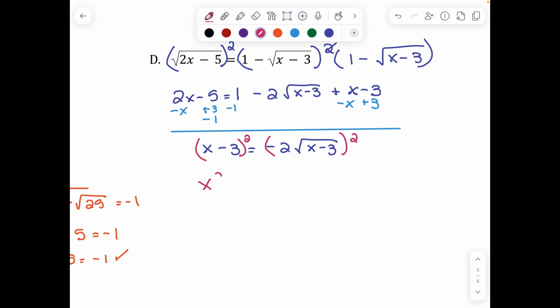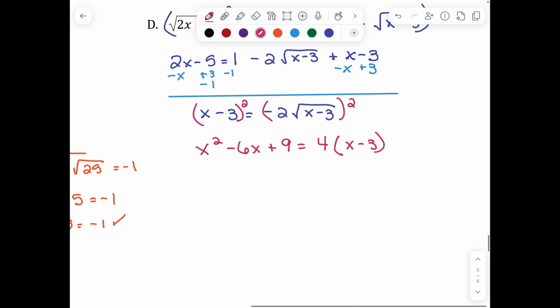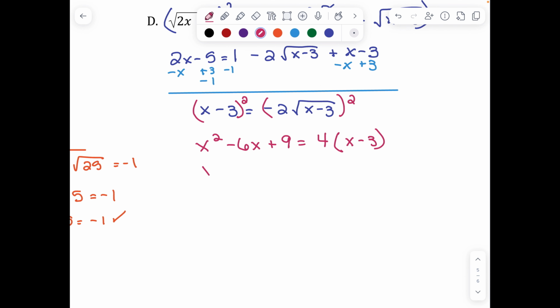On the left, I need to FOIL into x squared minus 6x plus 9 is equal to, here, when I square negative 2, negative 2 times negative 2 is 4. And I'm multiplying by the x minus 3. So I'm left with x squared minus 6x plus 9 equals 4x minus 12.